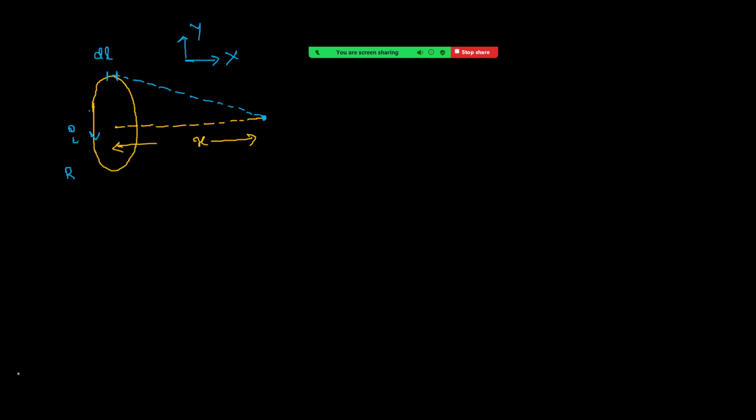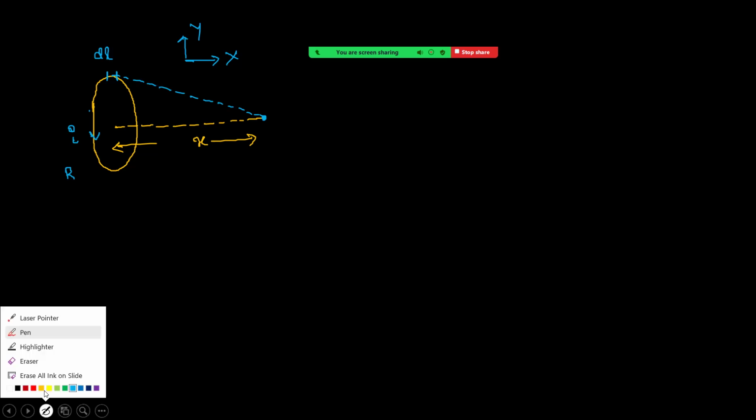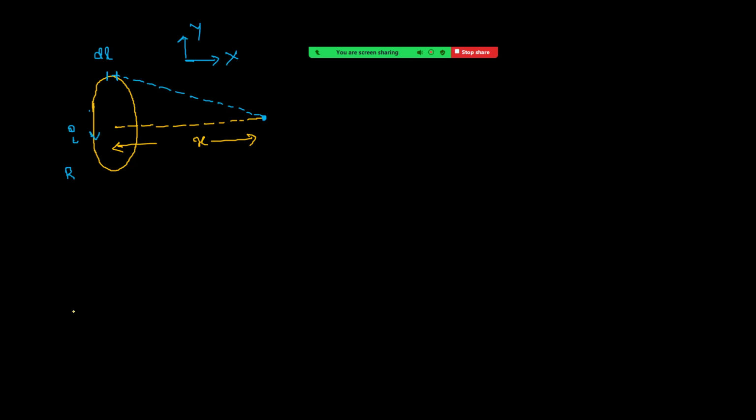And you can see this is r bar. We have taken the position vector of the point where we want to calculate the strength of the field with respect to the current element. And you can see this r bar is normal to this dl bar, right?